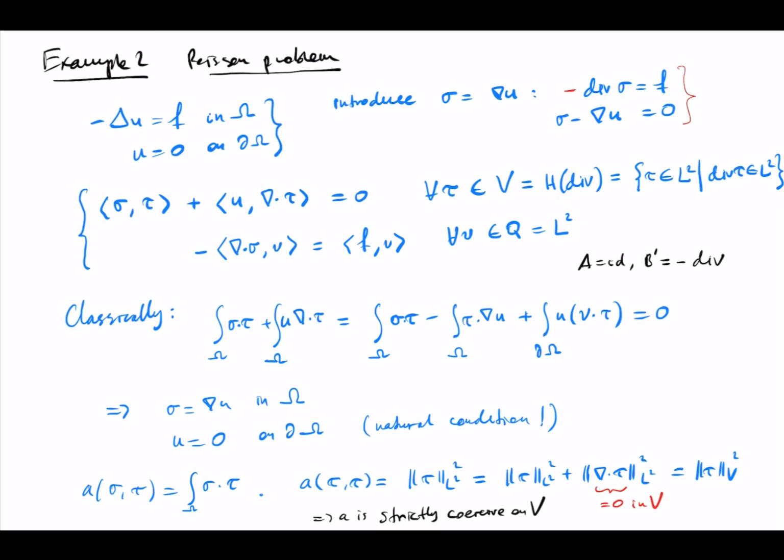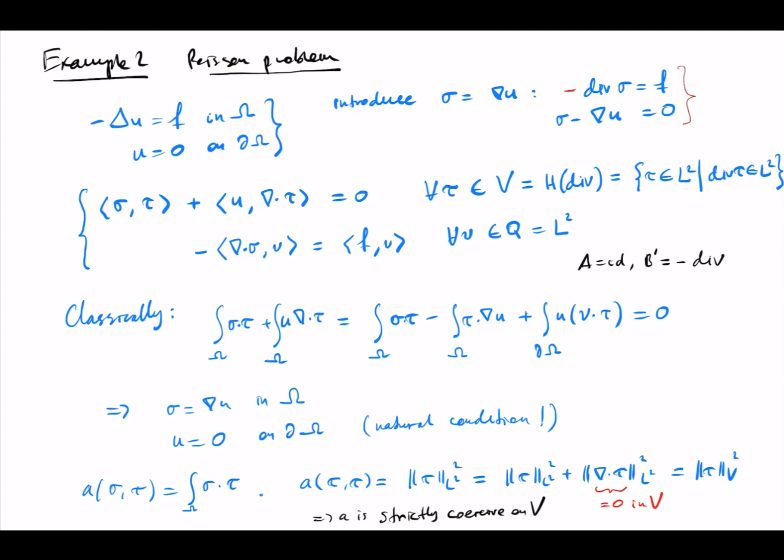For the first equation here, we just simply test it against a scalar function V, and there is no integration by parts. So the space for V, that is this space Q, will be just an L2 space. Again, note that only divergence of sigma is involved here, and divergence of tau.